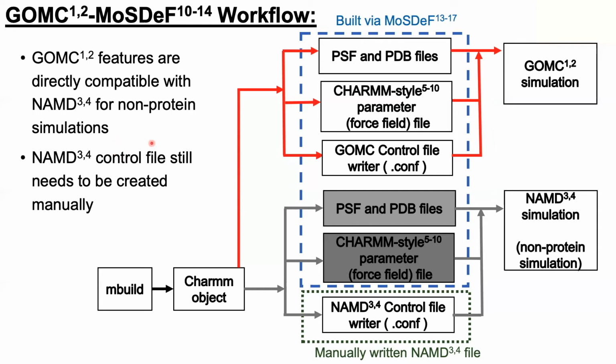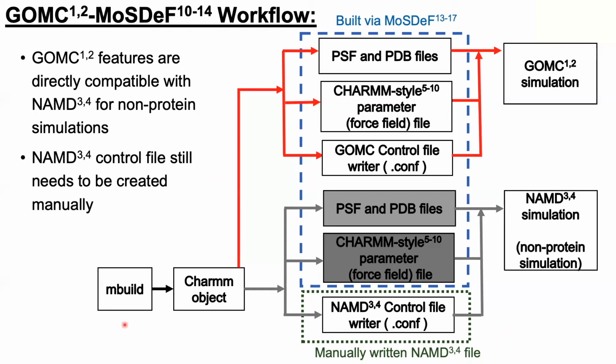But if you don't want to run a protein simulation, you basically can use this to run NAMD for anything you want, as long as you write your own NAMD control file, because that is not currently available in MoSDeF. But aside from that, you can run NAMD the same way I'm describing how we can simulate GOMC and generate the boxes via MoSDeF.